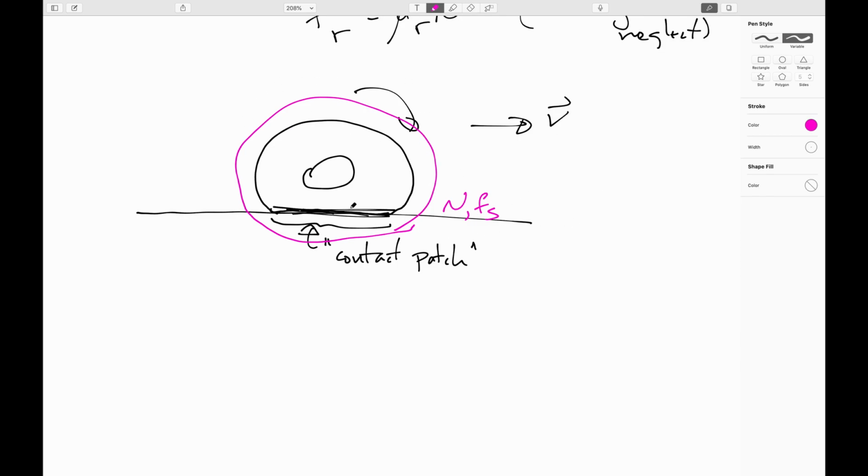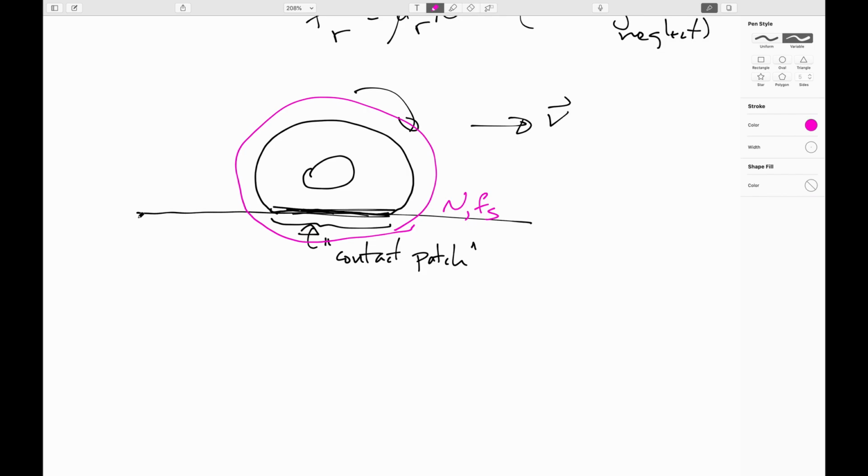rolls forward, it leaves behind roughly a 1 molecule wide layer of tire, basically permanently. So you can actually pretty accurately think of a tire as acting like a roll of double-sided tape. And this double-sided tape does a better job of sticking to the road than it does to the adjacent layers of the tire.